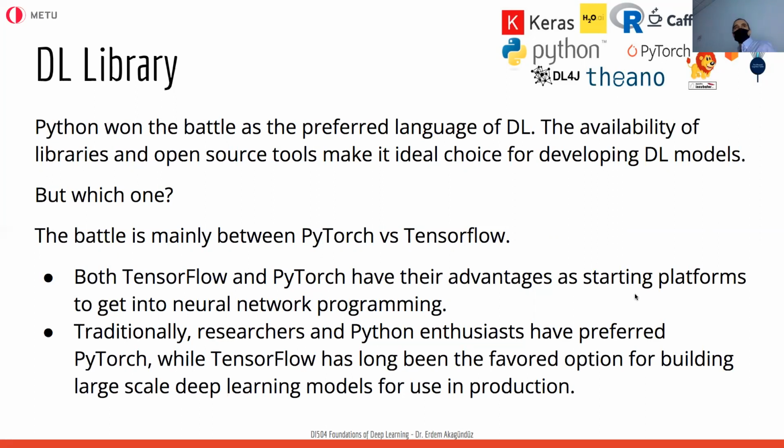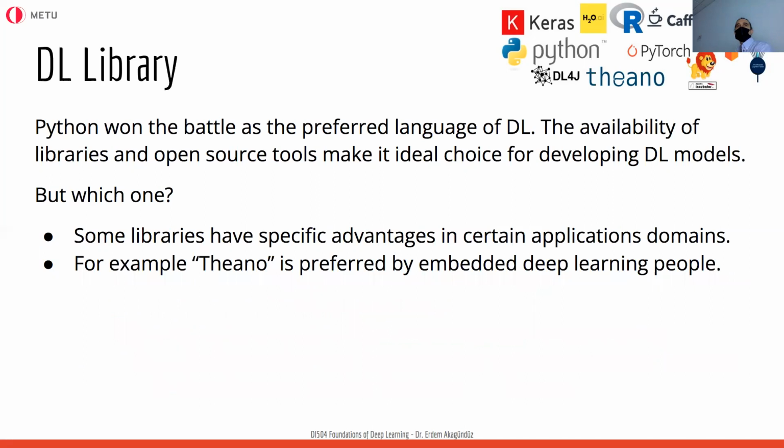Okay, so let me continue. Just like I told you, in different fields, like embedded stuff, different libraries are used in those small niches. I have a student who is working on applying deep learning to binary systems like FPGAs.